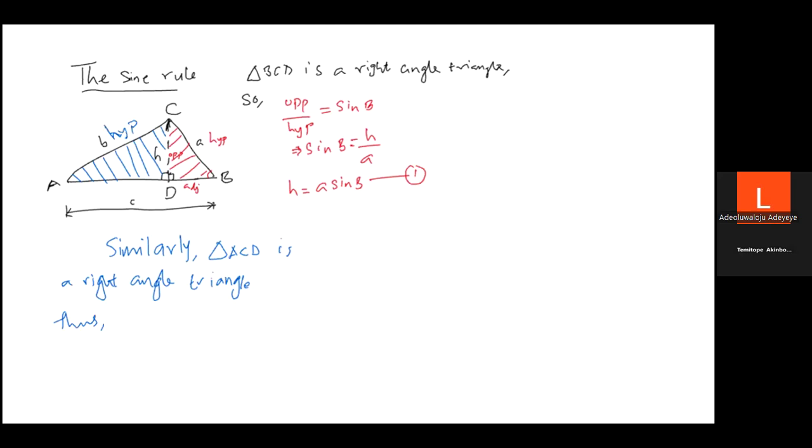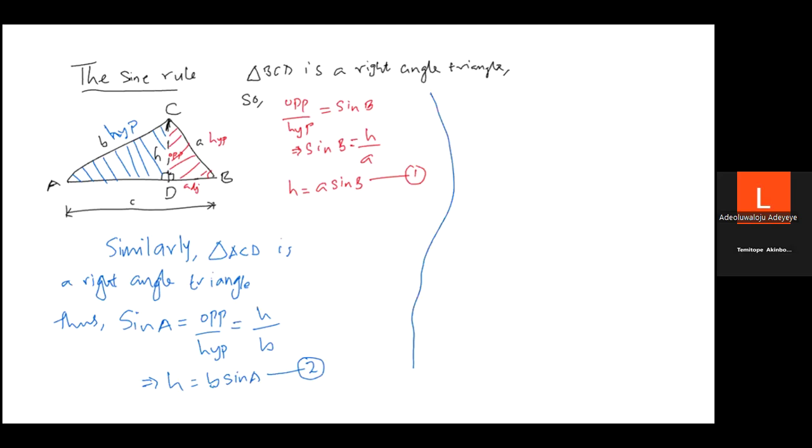So sine A is opposite over hypotenuse, that's H over b. This implies that H equals b sine A. Call this equation 2. Is that clear?